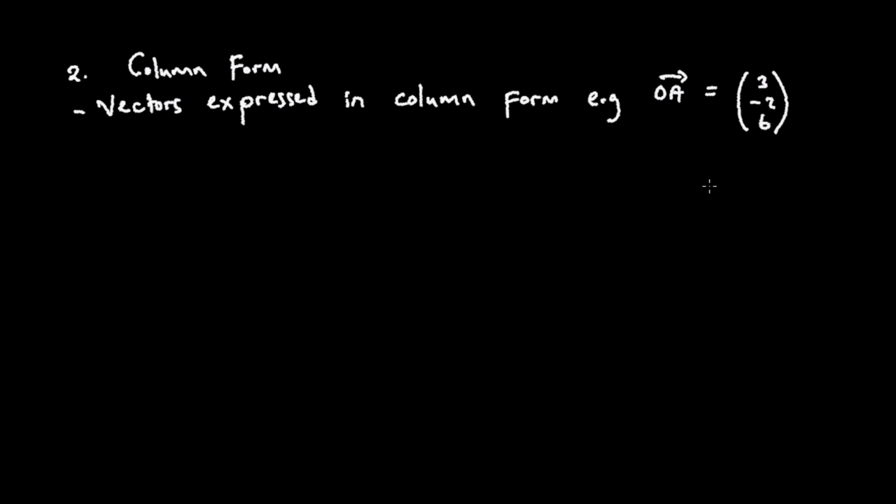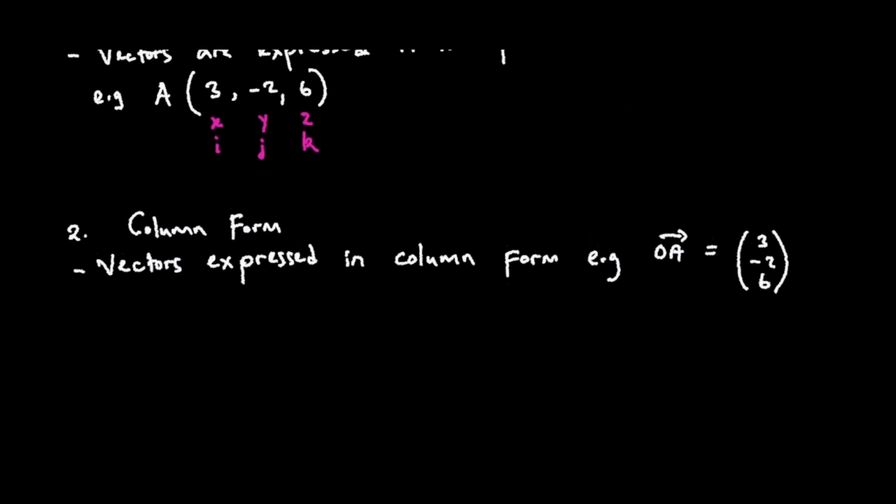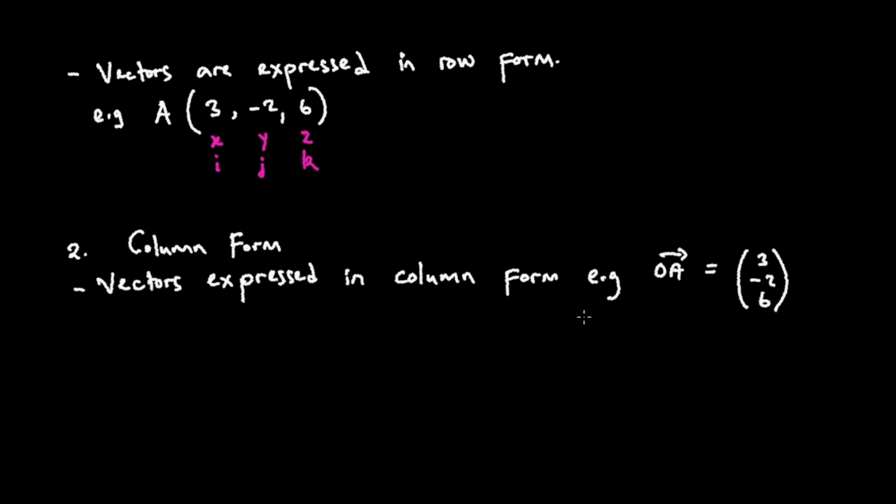Here we have taken the example we used under coordinate form, and we express it under column form. It's important to take note of what is happening here. Here we are only referring to vector A. We write A, which is the term for the vector, then we write its coordinates. But when we write it in column form, we recognize A as a position vector, because it originates from the origin.